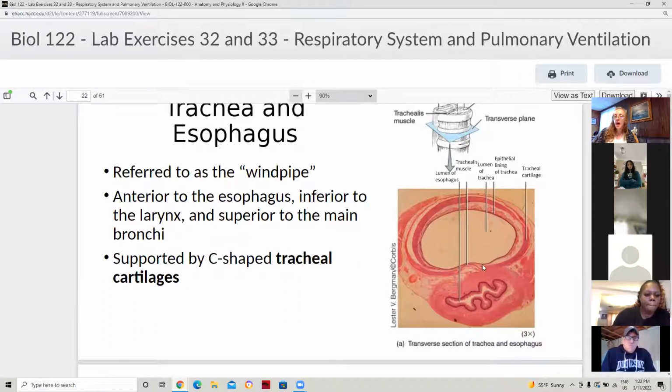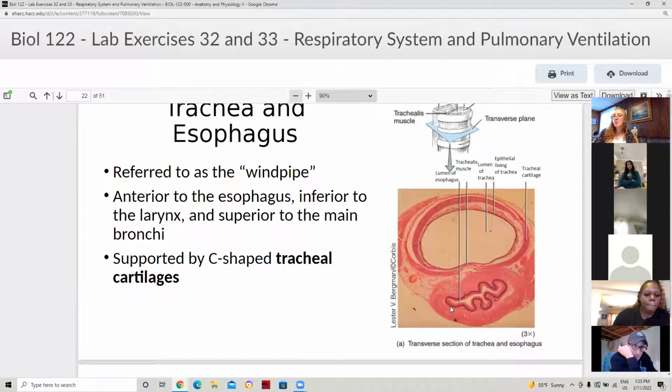Right on the very back, remember, the only complete ring of the trachea is the cricoid cartilage. On the back of each C ring, there's a trachealis muscle, which covers the back of the trachea all the way down. The esophagus is right here, right behind it.